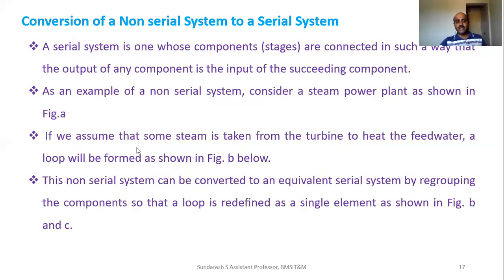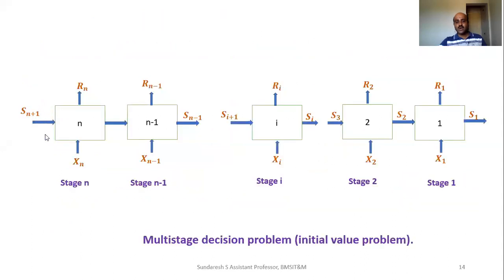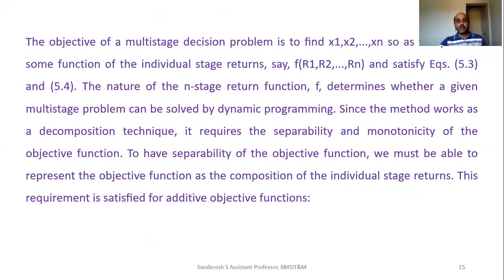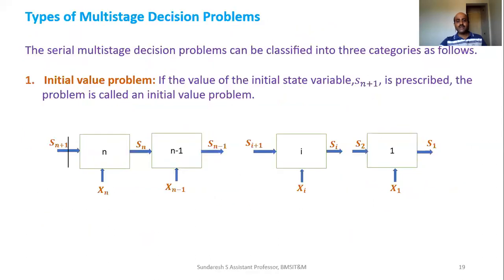In the previous example, I have not shown this, so we cannot consider whether it is a final value, initial value or boundary value. But in this problem, when we say the input state variable is prescribed, the graphical, pictorial representation is that you have to draw a perpendicular line to the arrow.